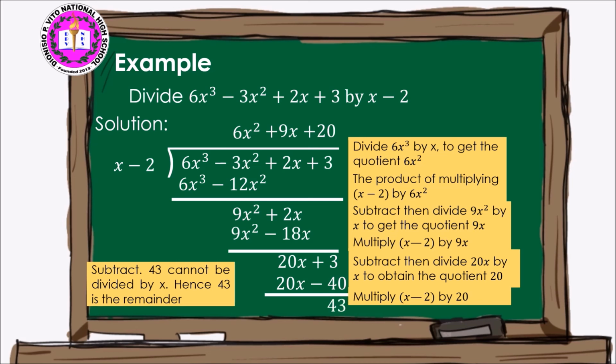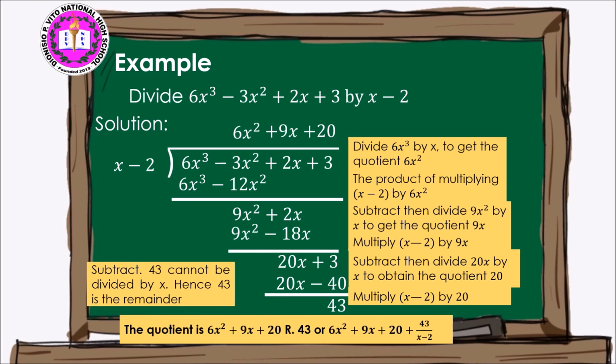Hence 43 is the remainder. Therefore, the quotient is 6x squared plus 9x plus 20, remainder 43. Or 6x squared plus 9x plus 20 plus 43 over x minus 2.